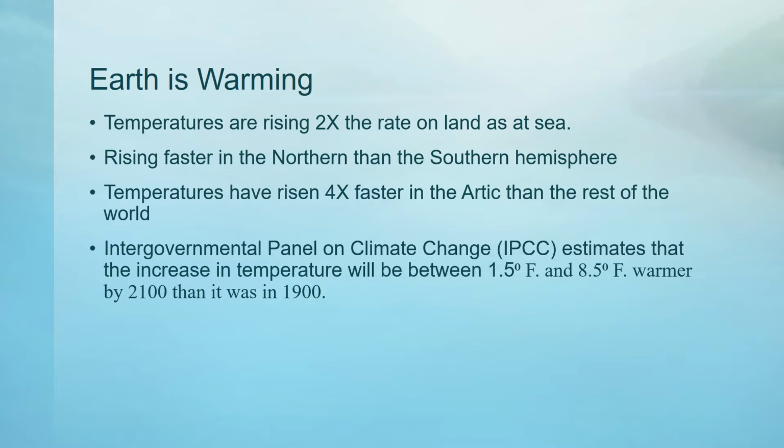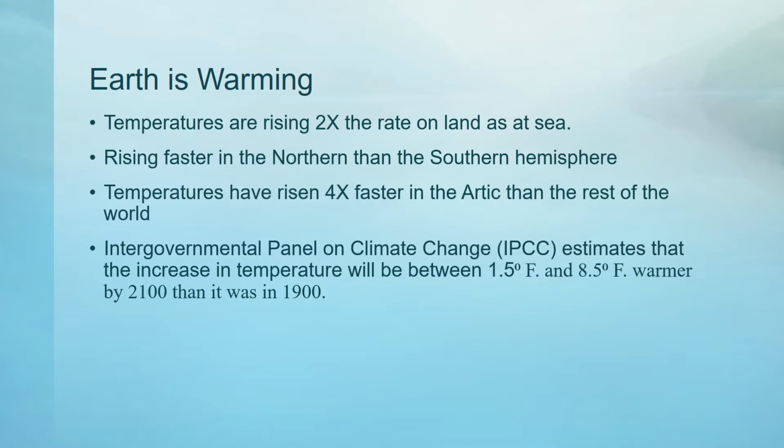The Intergovernmental Panel on Climate Change, the IPCC, estimates that the increase in temperature will be between 1.5 degrees Fahrenheit and 8.5 degrees Fahrenheit warmer by 2100 than it was in 1900. That's just a 200-year span. Could be that 8.5 is the upper limit, but that's disastrous.